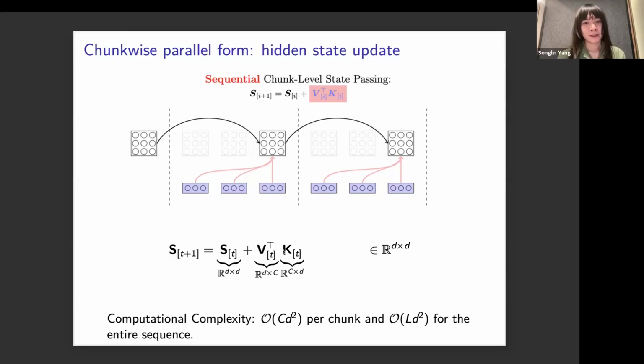Here we have the key submatrix, which is of size C by D, and the value submatrix, which is also C by D. Now we take its transpose, so we have a D by C matrix, and we take their dot product, so we marginalize over the trunk size dimension C, resulting in a D by D matrix, which is the same size as the recurrent hidden state. Then we add this to the hidden state to achieve this trunk level state update.